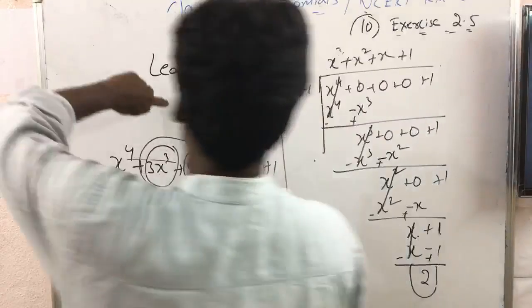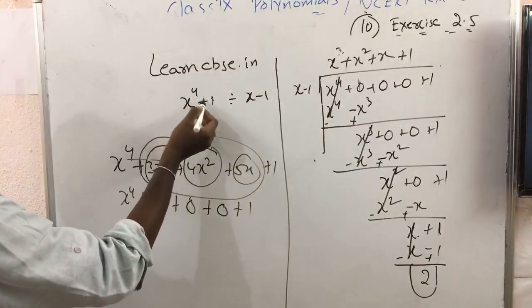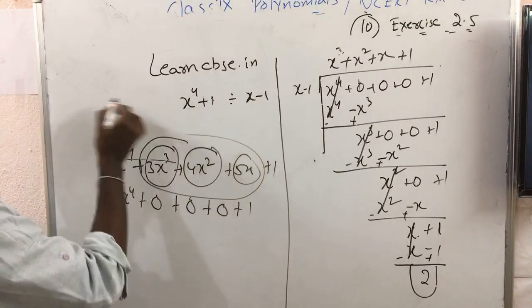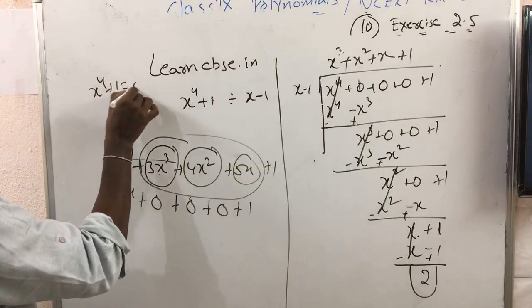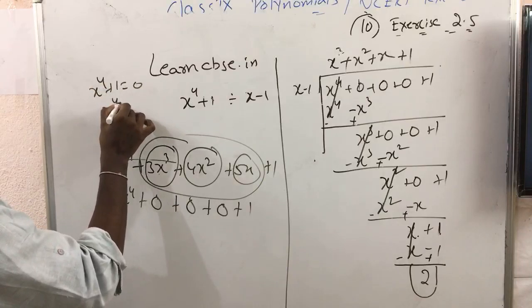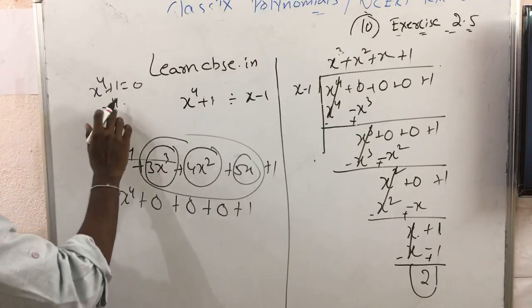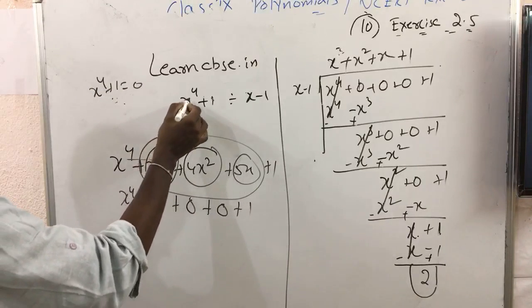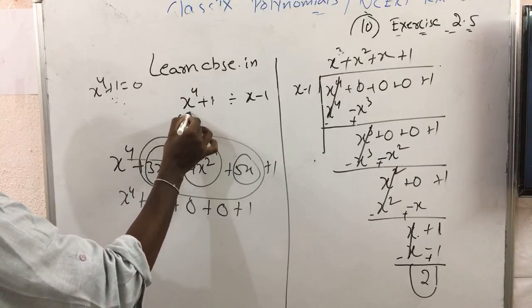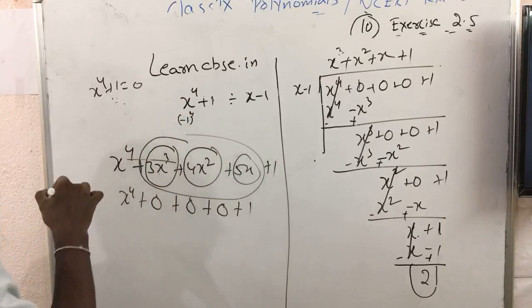Even to find the remainder, directly you can write, see, x power 4 plus 1 equal to 0 gives x power 4 equals minus 1. But if you substitute it here, you will not get 0.